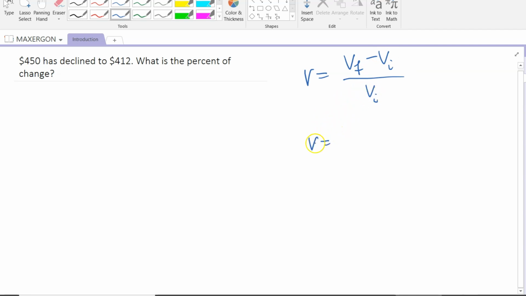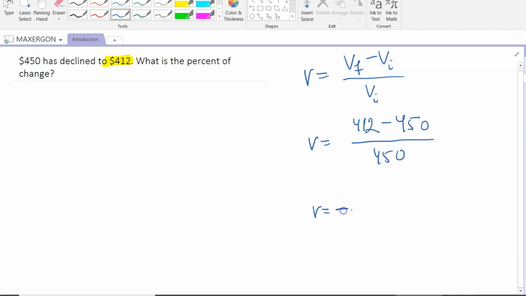So rate per one for percent change will be your final value, which is 412, because the investment has become $412, minus initial value, which is 450, because the investment started from the value of 450, and we'll divide that by that initial value, which is 450.